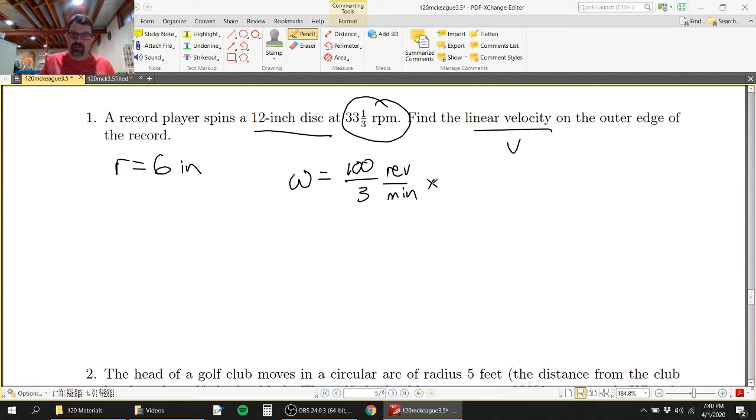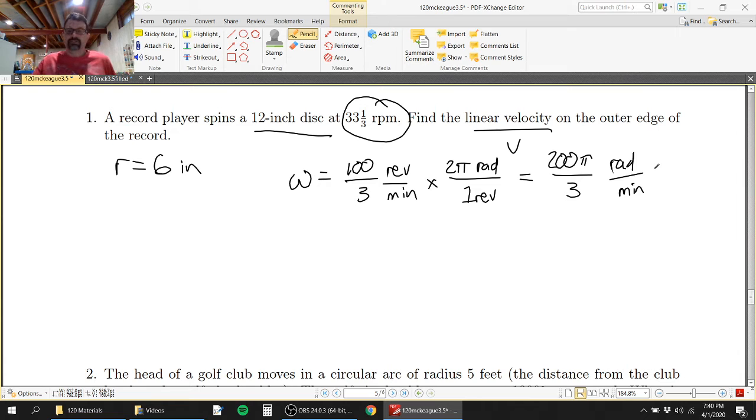And as I hope you're getting accustomed to, times 2 pi radians over 1 revolution. So the revolutions cancel, and we're left with radians. So we have 200 pi over 3. And this would be radians per minute. Now you could punch that out as a decimal if you want to. But we'll do all our computations in just a sec.